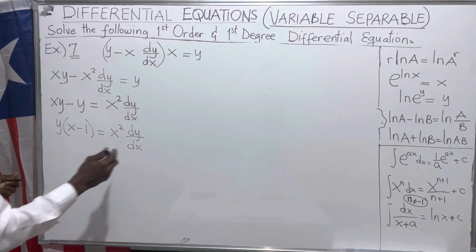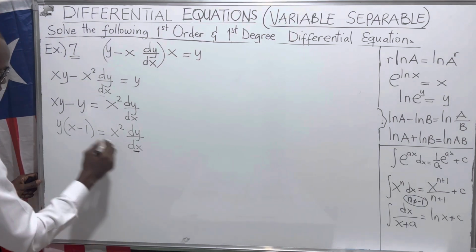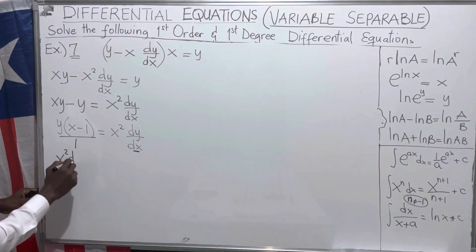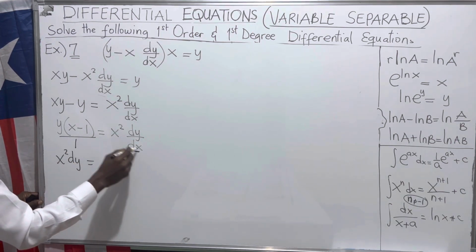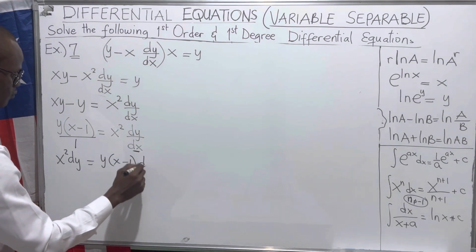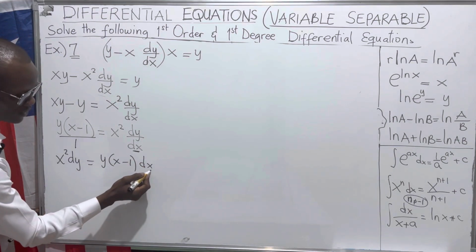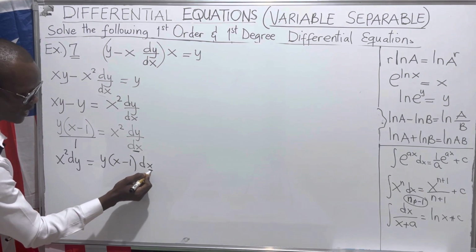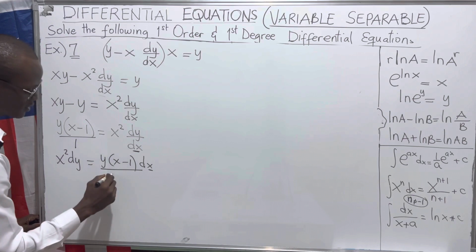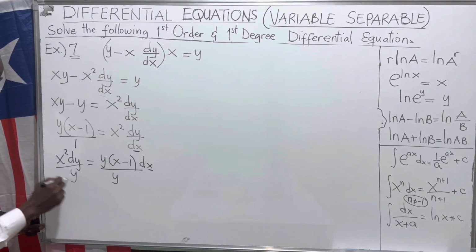Now, I can cross multiply. So I will have x squared dy equals y(x minus 1) dx. Because the variable of integration here is x, all of the expression here must be in x. So this is not in x, so I divide both sides by y.